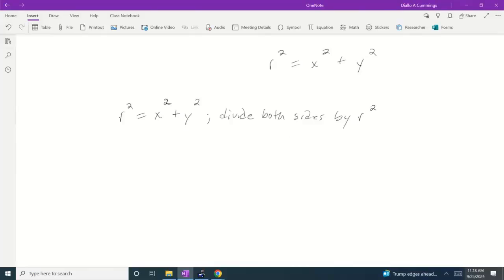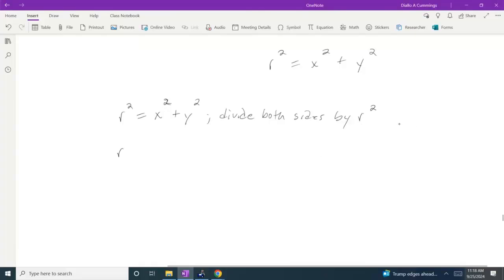Right? So keep in mind from algebra, we have the properties of equality, and it says that whatever you do to one side, as long as you do the exact same thing to the other side, you're going to maintain equality. So I'm going to divide both sides by r squared.